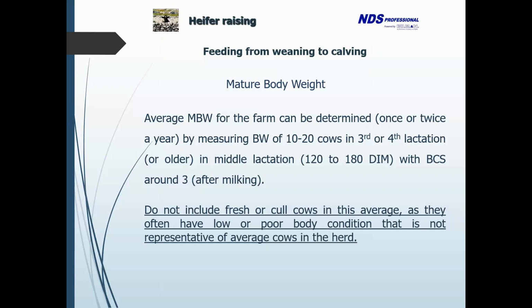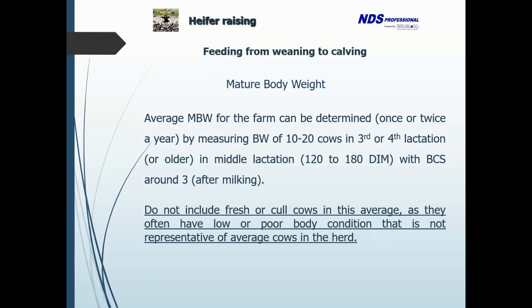They have to be in the 3rd or 4th lactation or older, in the middle lactation, around 150 days in milk, with body condition 3 after milking. If we measure the weight of these cows, the average of these measurements could be taken as mature body weight.